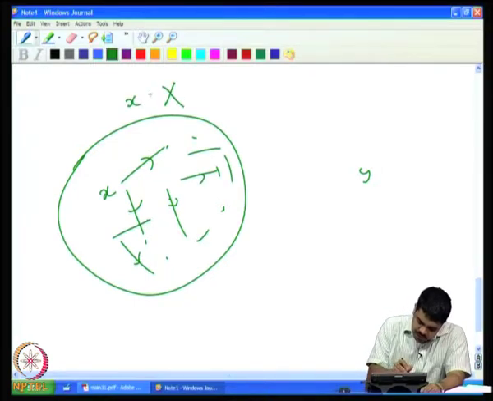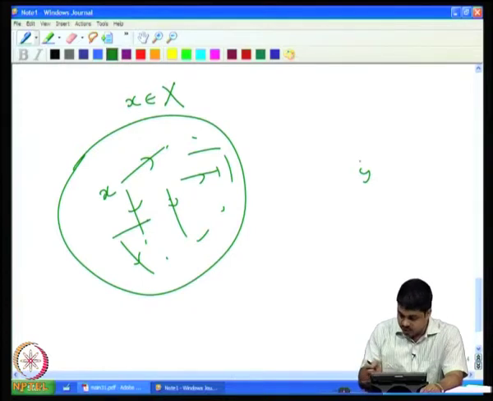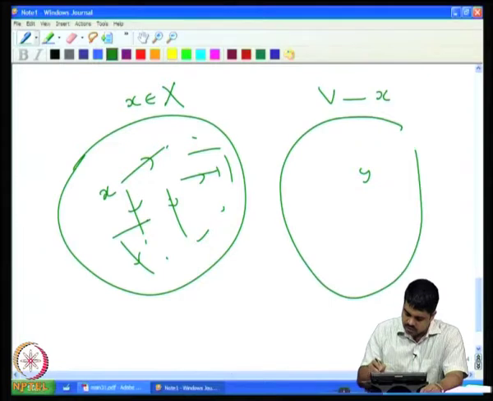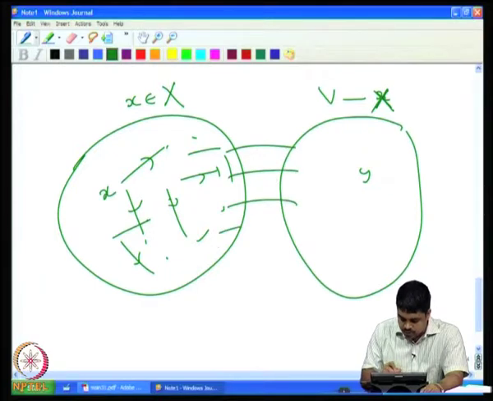So, we have this: the source is inside it, y is outside it, this is v minus x. So there will be some arcs going from this side to this side, something inside here.